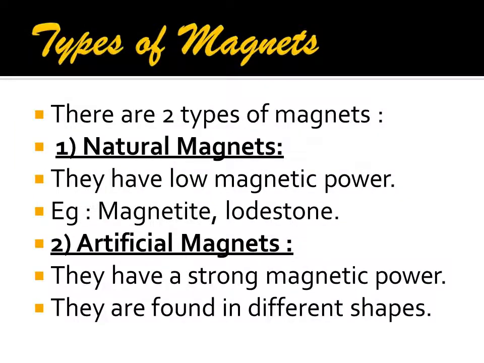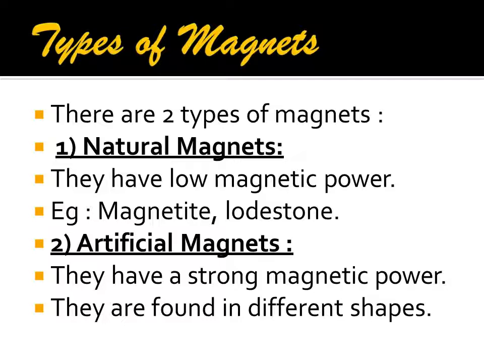Now we will talk about types of magnets. Basically we have two types of magnets: natural magnets and artificial magnets. Natural magnets have low magnetic power because they are natural. Examples are magnetite and lodestone, the first natural magnet that was discovered.